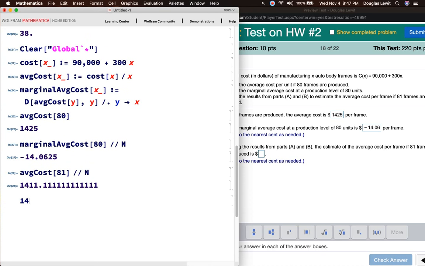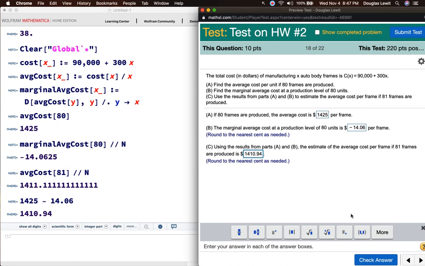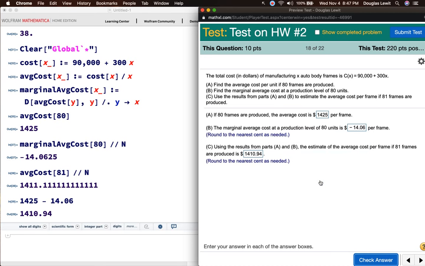So $1,425 minus $14.06, and that's going to be about $1,410.94. That's an approximation using the derivative. Let's see if Pearson agrees with me. Your input is correct. Score 100%. So that is correct.